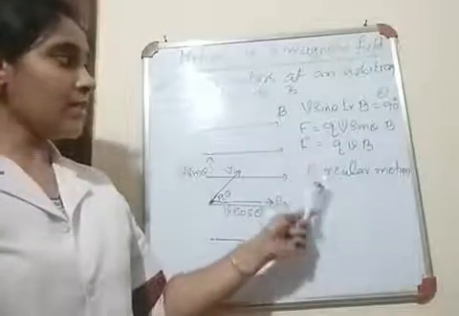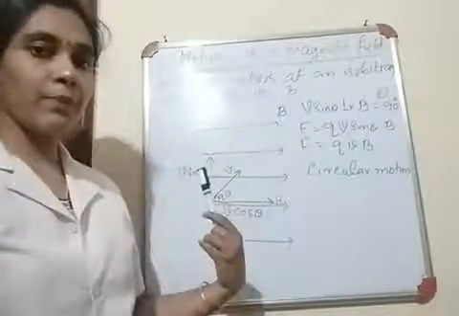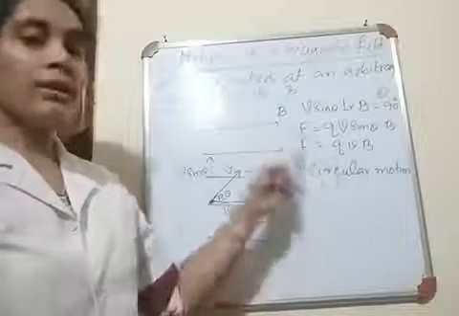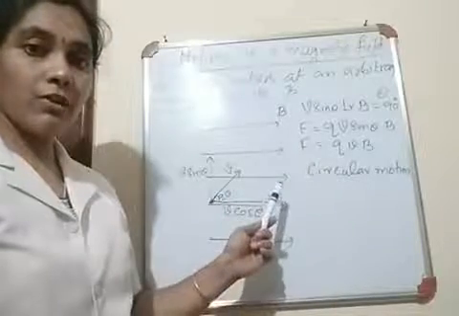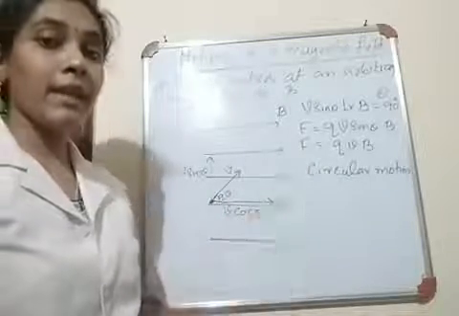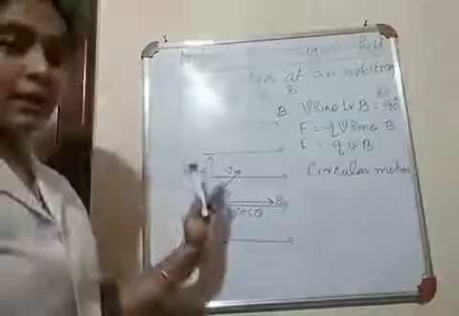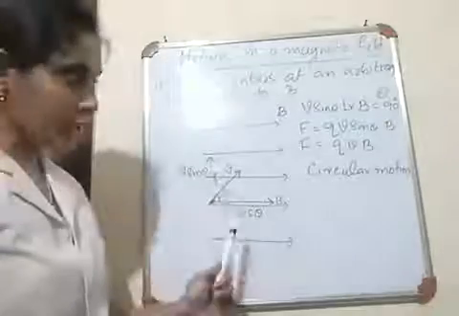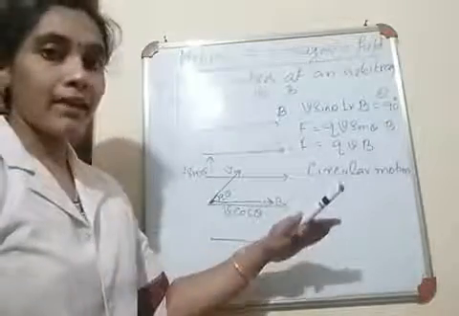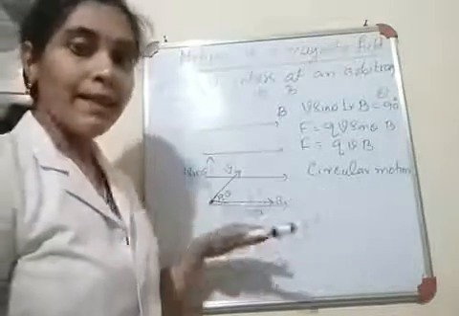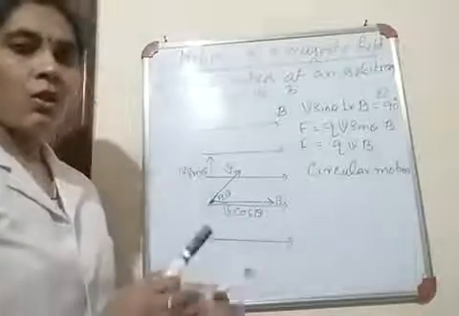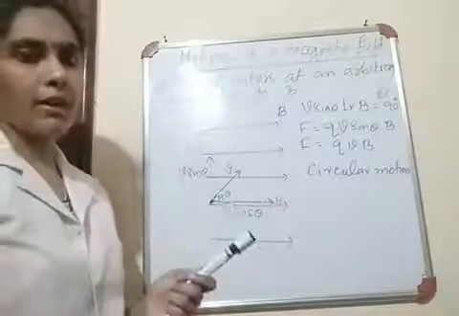And we had already studied in the previous session that whenever the particle enters perpendicular to the magnetic field, it will experience a circular motion. So in the perpendicular direction, the particle experiences a circular motion, but in the parallel direction, the particle will follow a linear path. So what will be the path of this charged particle?